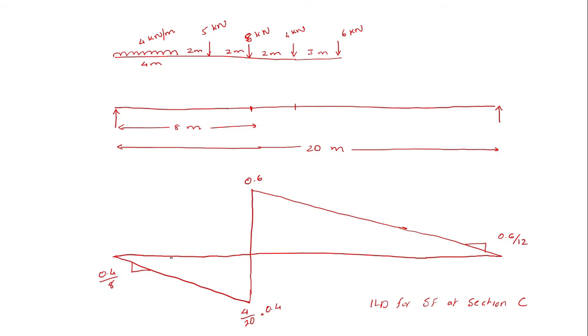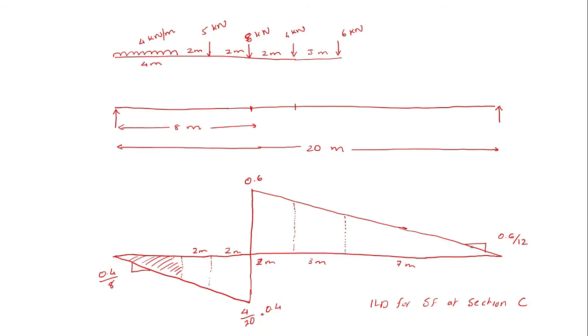Now I find the corresponding ordinates at different points here: 7 meter, 3 meter, 2 meter, 2 meter, 2 meter. So simply multiply the corresponding slope and the distance.